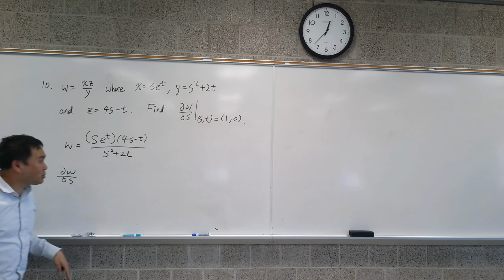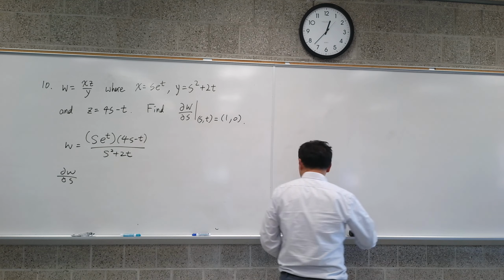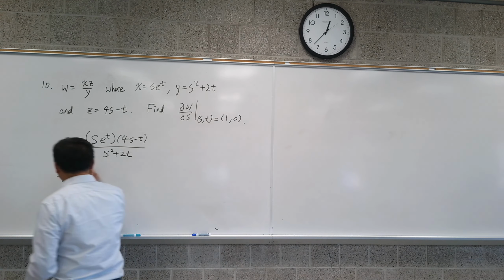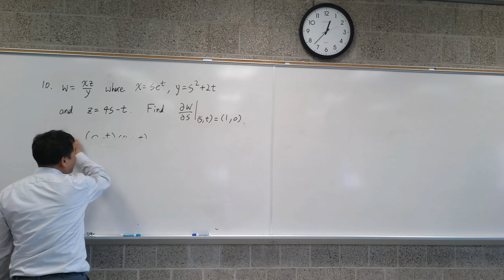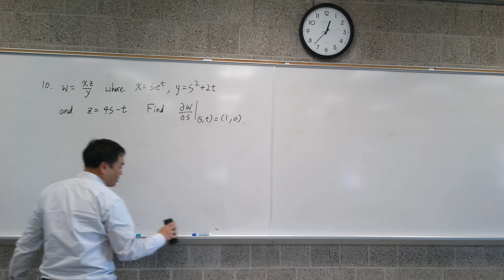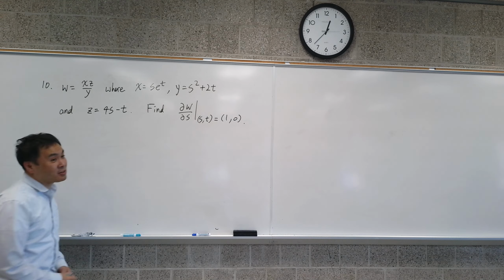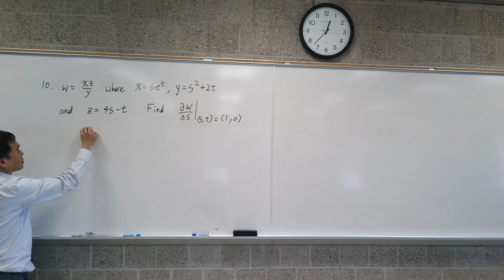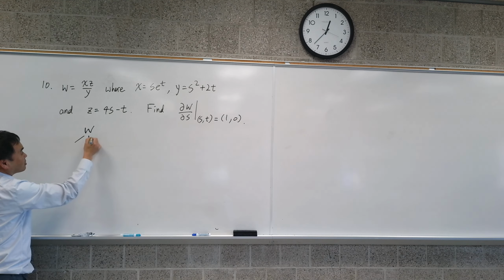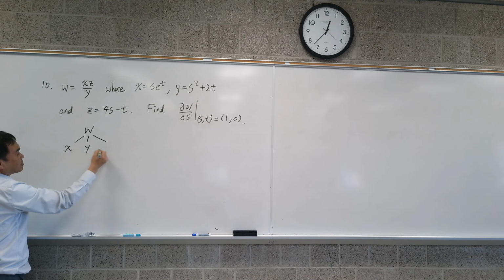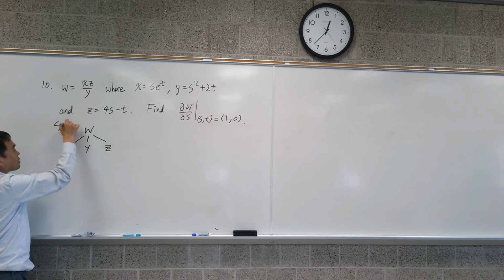So what's the better way to do this? Well, the better way to solve this would be, instead of plugging in everything, we just look at the dependence diagram. W is a function of x and y and z. Okay, so this is the proper solution.